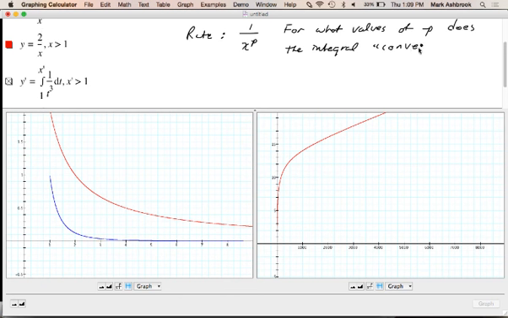So converge means the quantity levels off. It's a finite value. Diverge is when the quantity whirls off to infinity. It's undefined. So converge, quantity finite; diverge, quantity infinite.